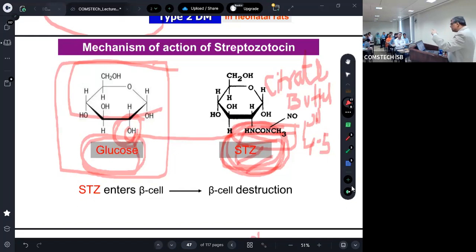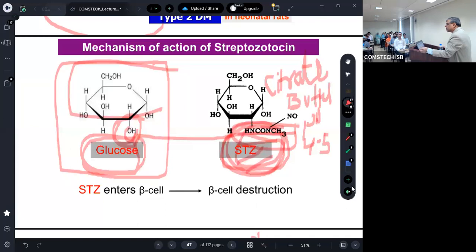Due to the half-life, the amount given is not enough to destroy the cells. Partial destruction does not develop diabetes. You got one point. This is the tip.